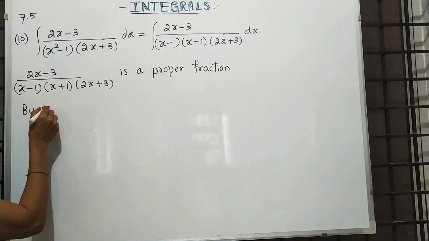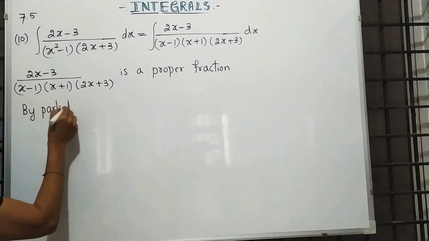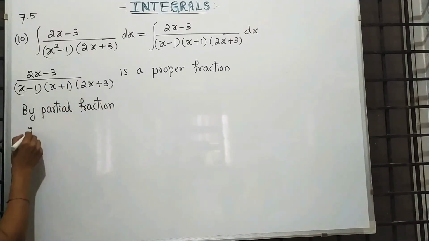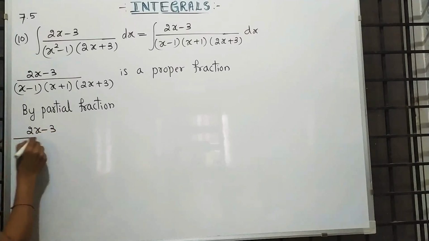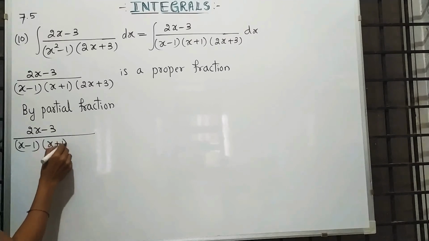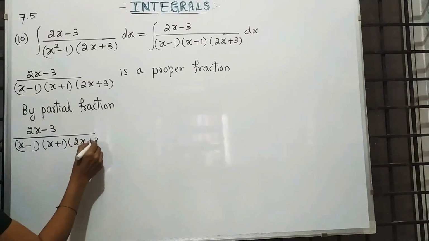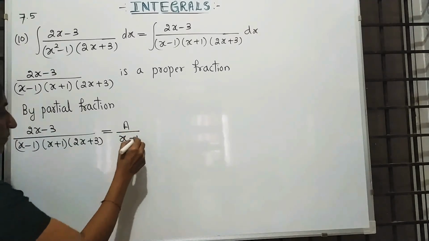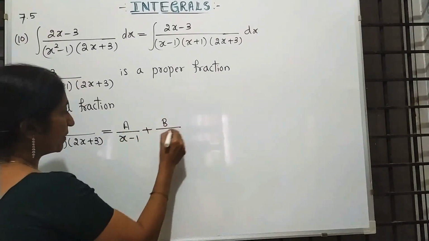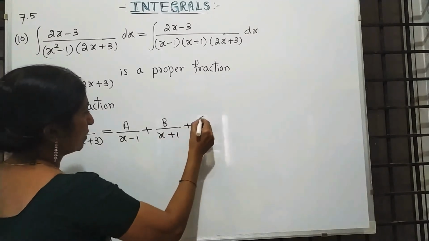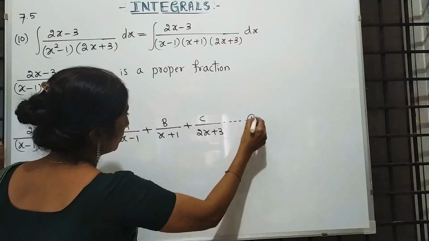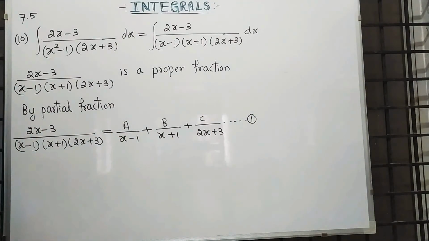Next, by partial fraction, (2x minus 3) upon (x minus 1)(x plus 1)(2x plus 3) is equal to a upon (x minus 1) plus b upon (x plus 1) plus c upon (2x plus 3). This is equation 1. Now take the LCM.